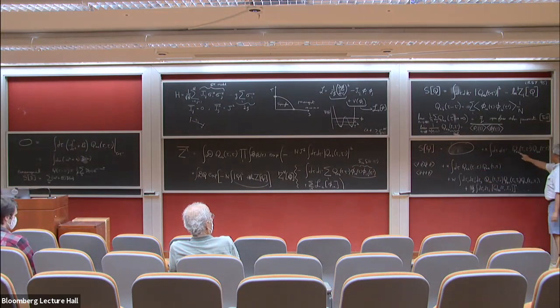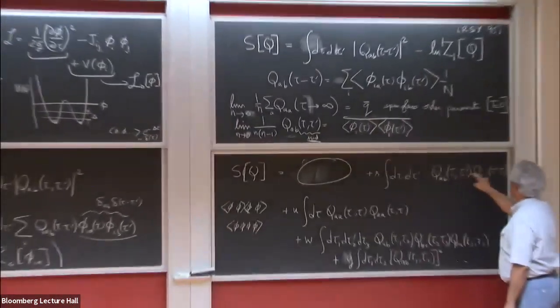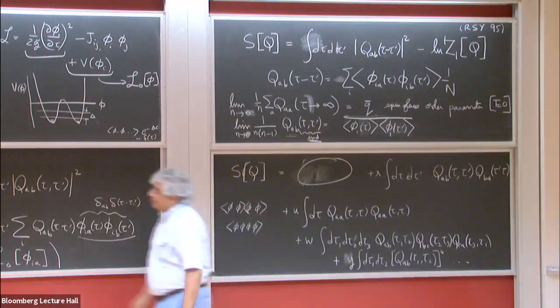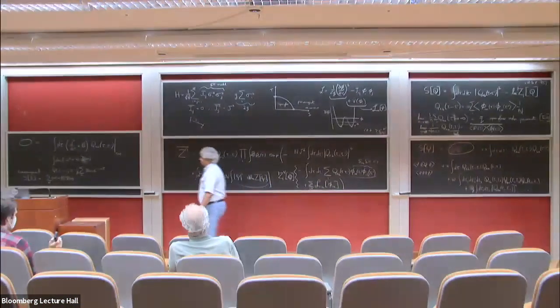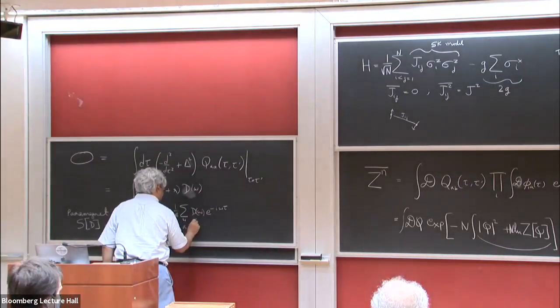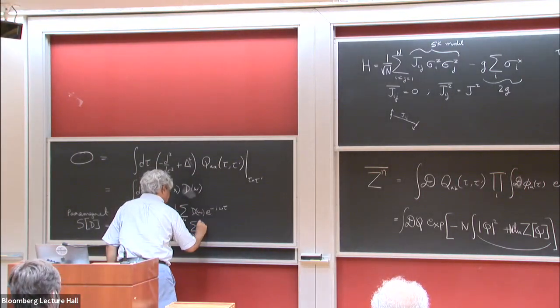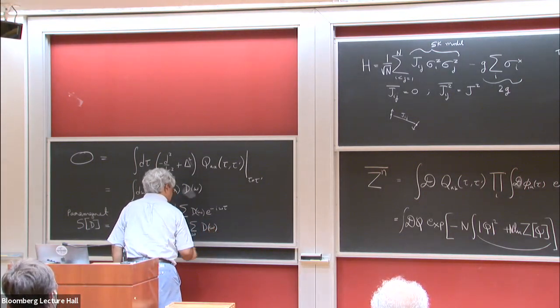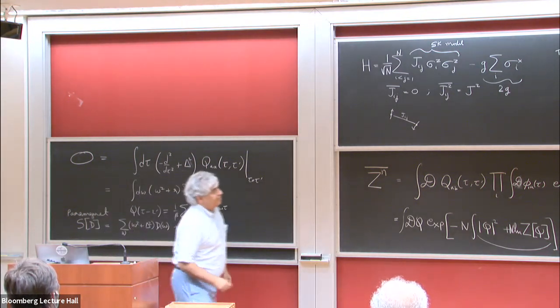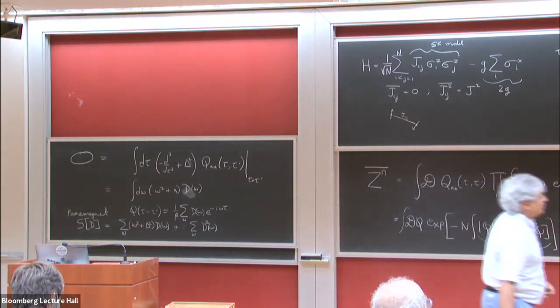So this is Q_AB of tau minus tau prime, and this is tau prime minus tau, and you integrate over tau and tau prime. And so you get a term like some constant, A times sum over omega, D squared of omega. That's okay. What did I call that term? R.